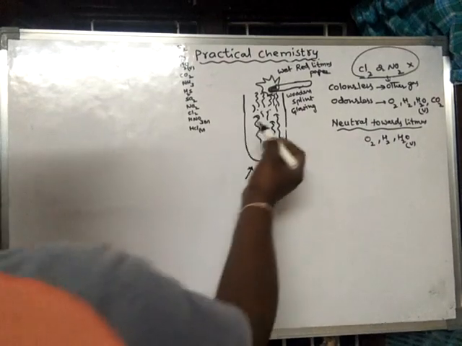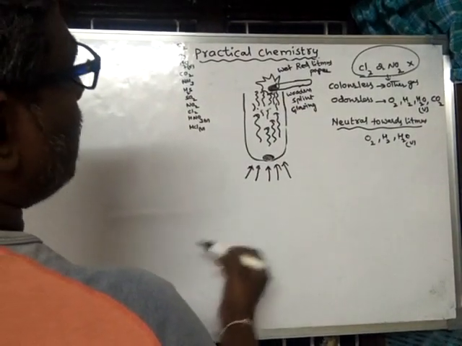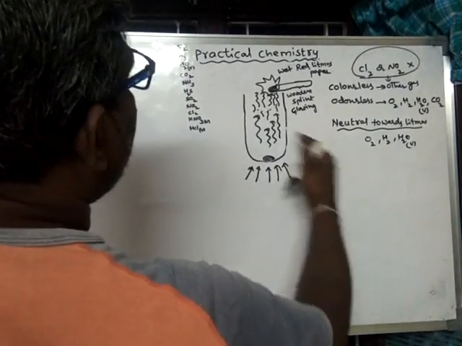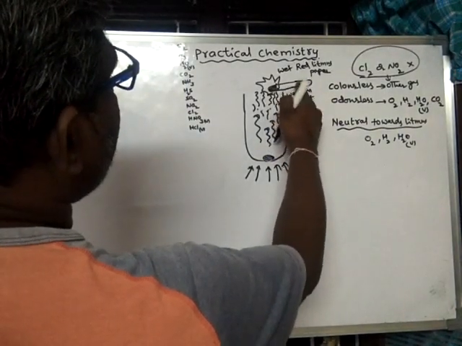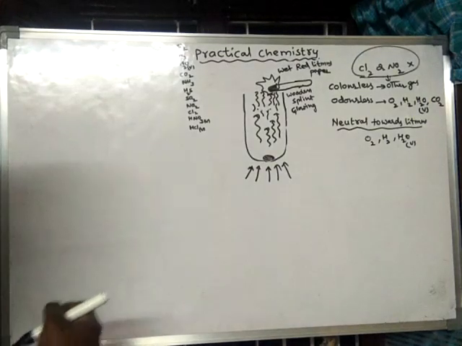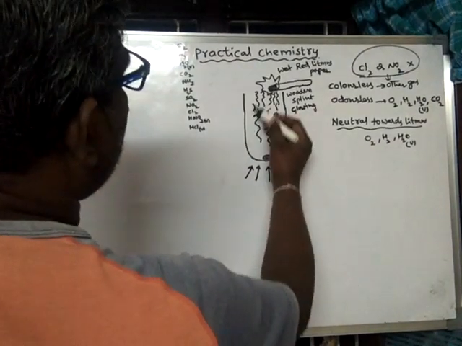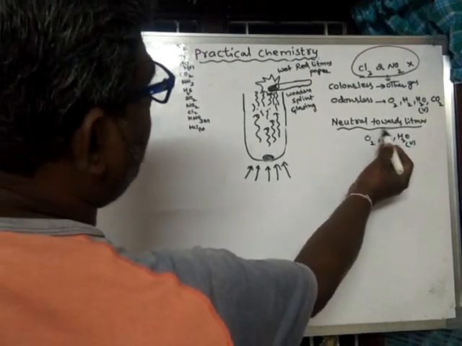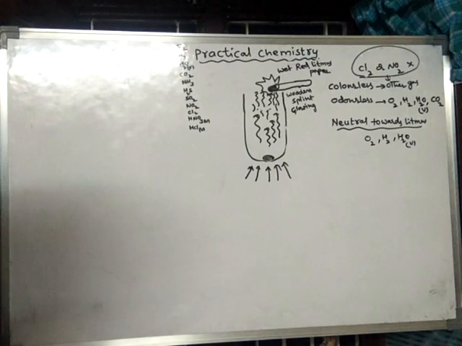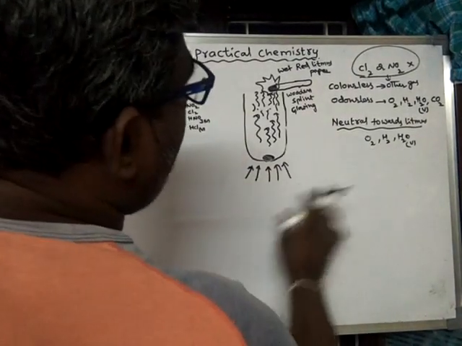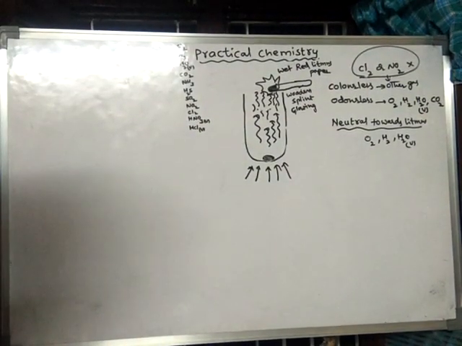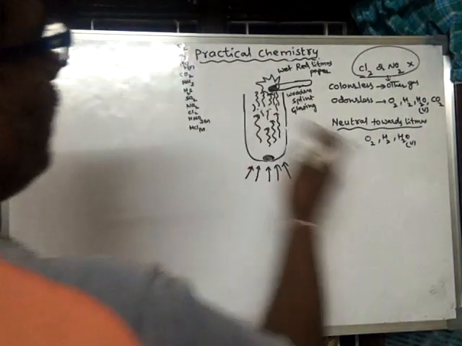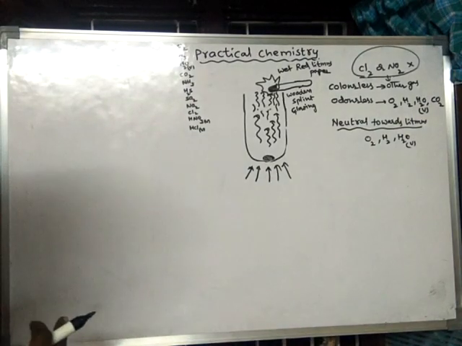So from this, which gas out of these three will support combustion? Look here, this wooden splint is undergoing combustion, so the gas should support combustion. Hydrogen puts off the flame, that means it will remove the flame, and even water vapor also puts off the flame.